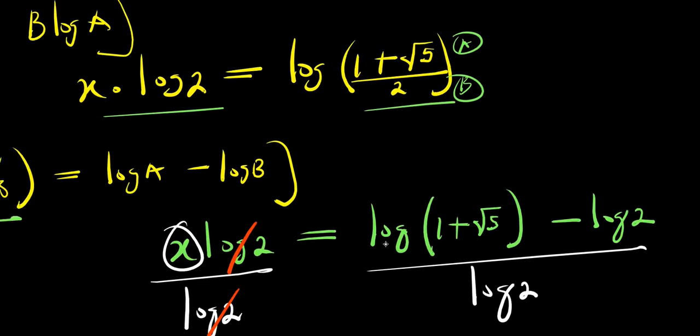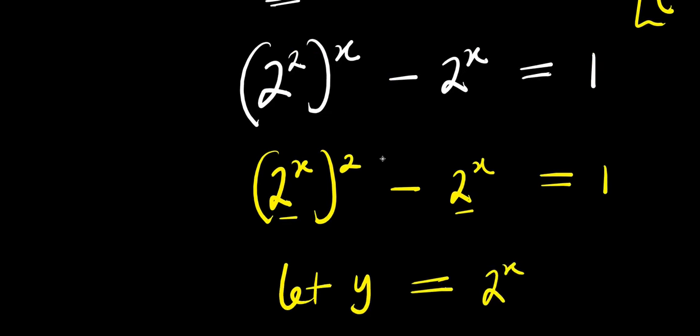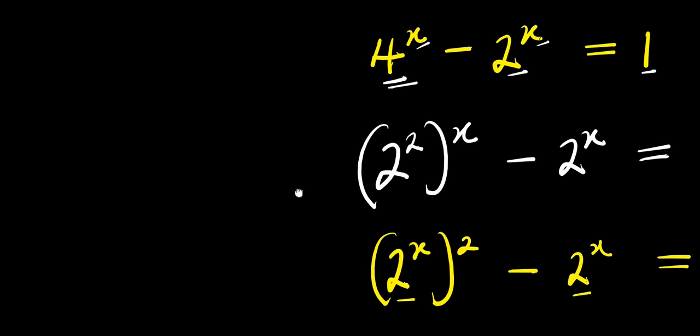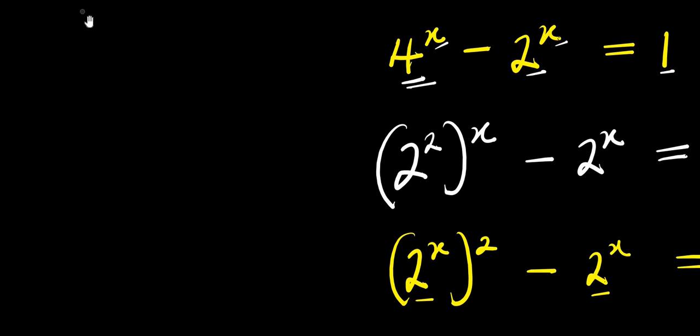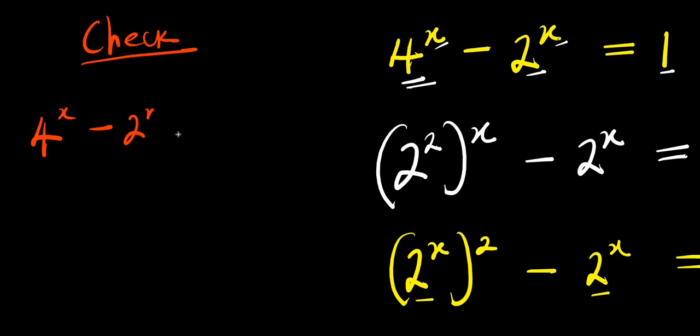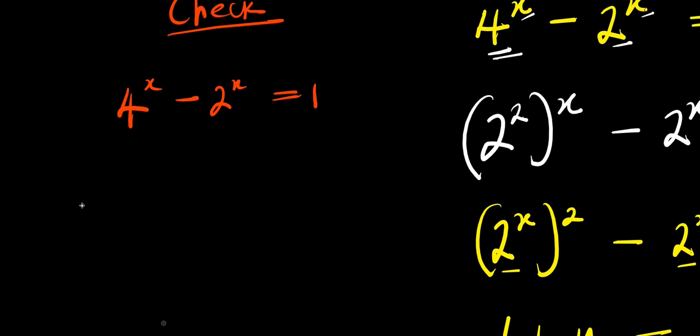You can decide to insert that particular value back into this equation, and it's going to satisfy the equation. You can check, having 4 power x minus 2 power x equals 1. I've done this before. You can just do it on your own.